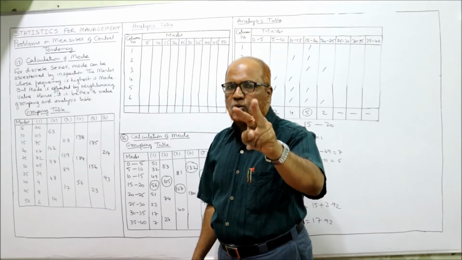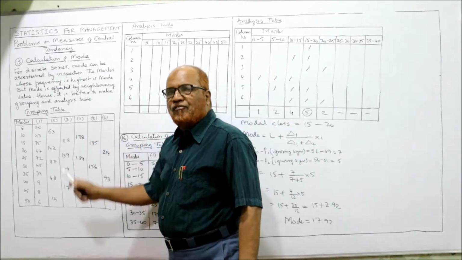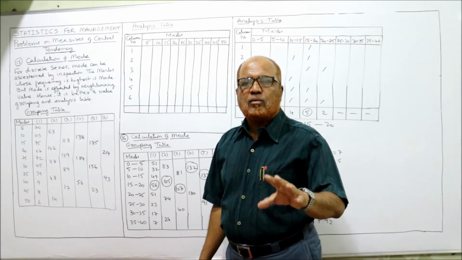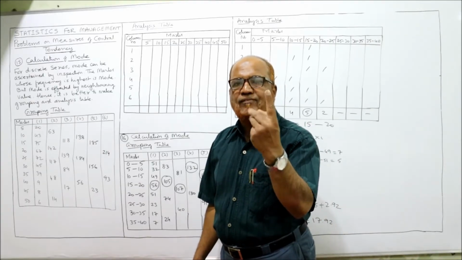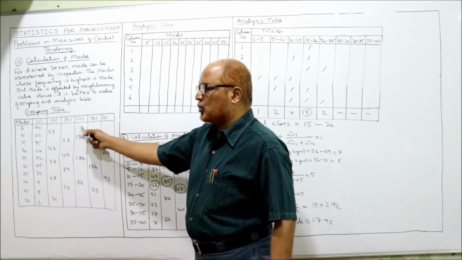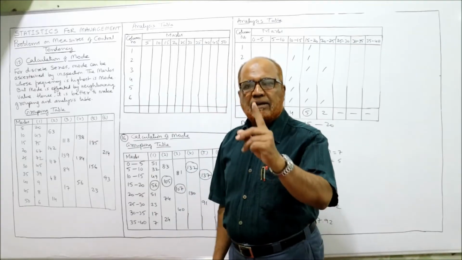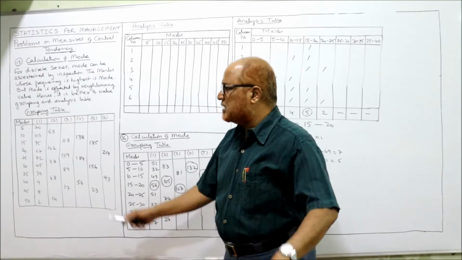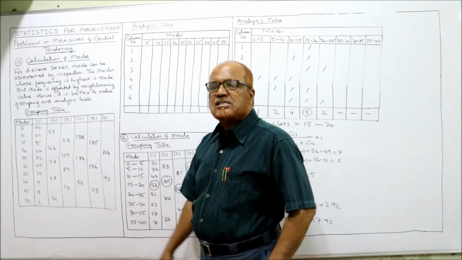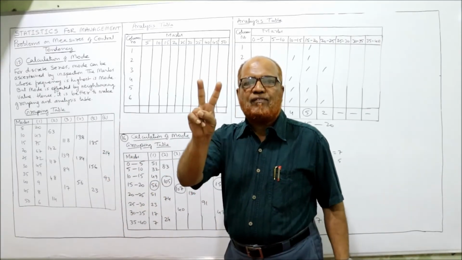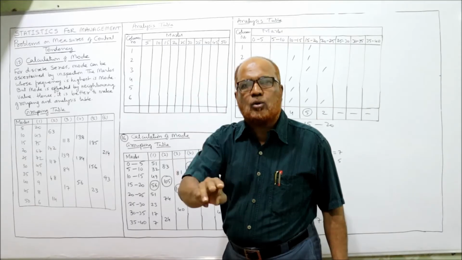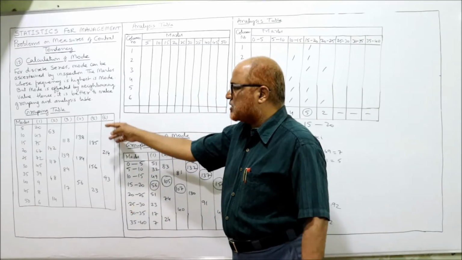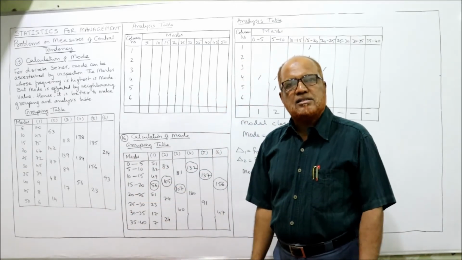Fourth column, group the frequencies in threes from the top. Fifth column, leave the first and then group them in threes. Last and final column, leave the first 2 and then group them in threes. 6 columns. That's it. This is the grouping.